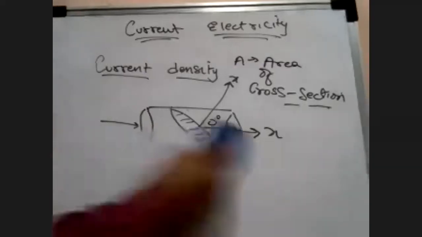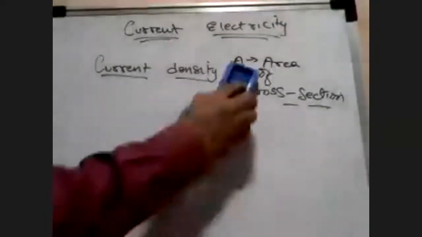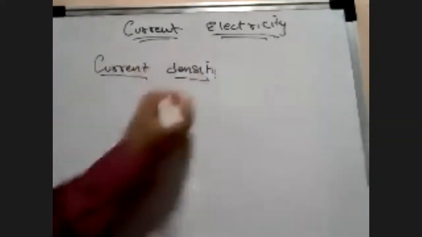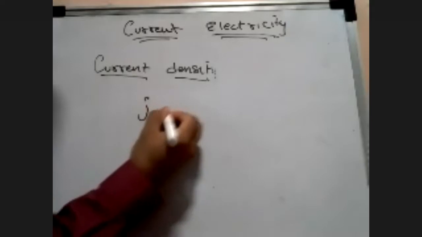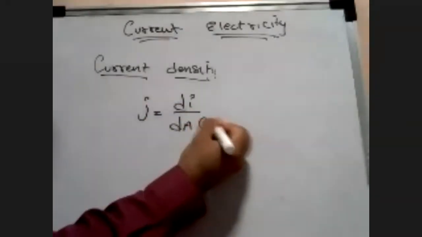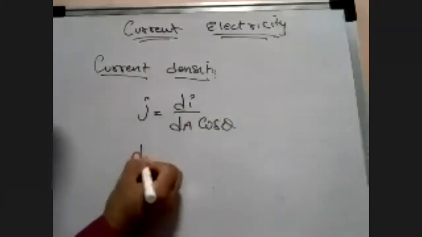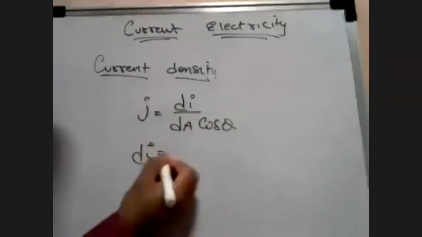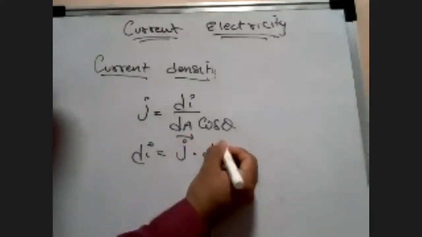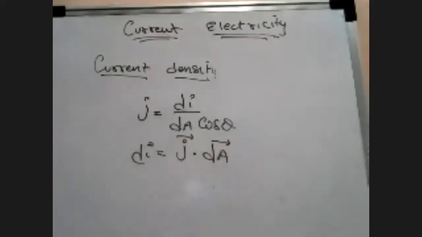So since we have understood that ultimately J is going to be in terms of a tilted cross section dA cos theta, I can write di is going to be equal to J dA, which is going to be, of course, the dot product of both these vectors.